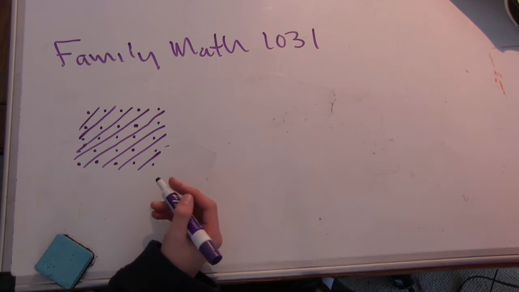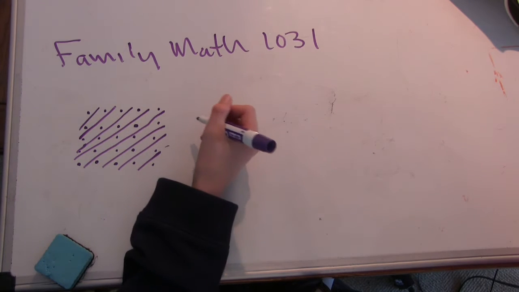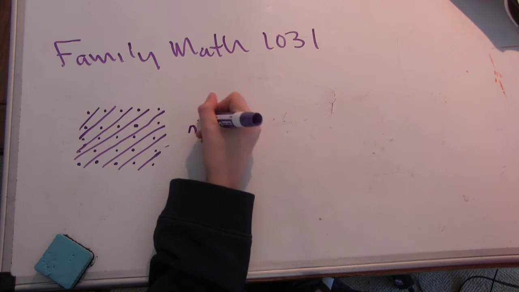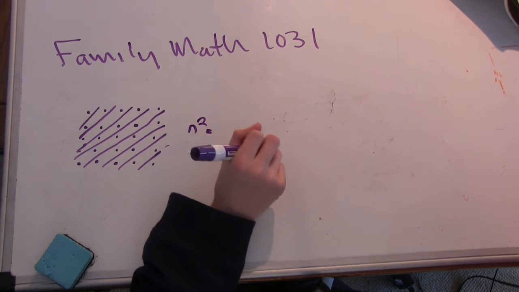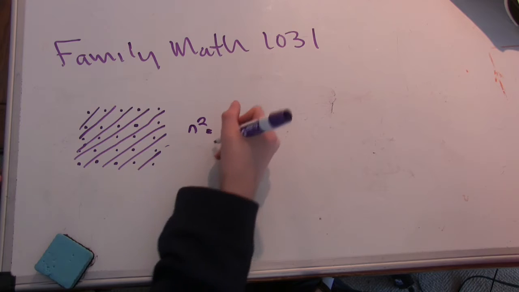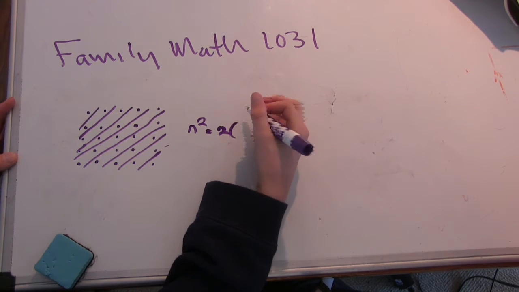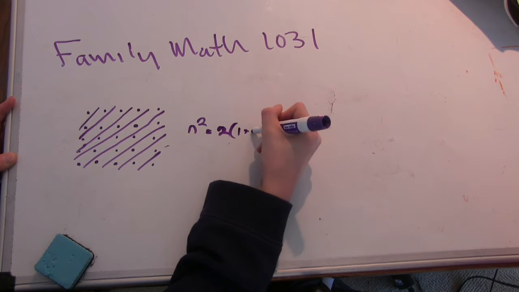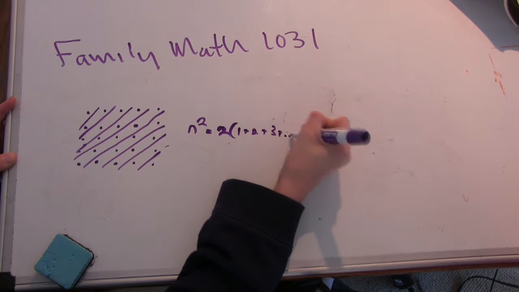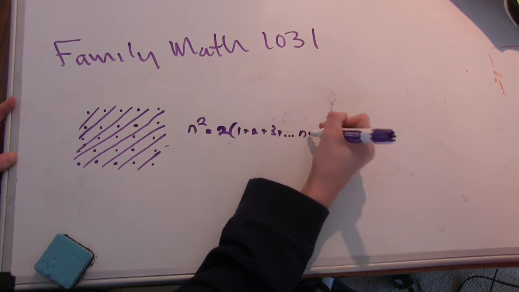Let's see, so this could also, let's see, so it's n squared. And then you have 2 times 1 plus 2 plus 3 all the way up to n minus 1.